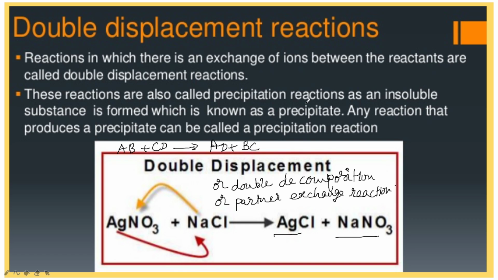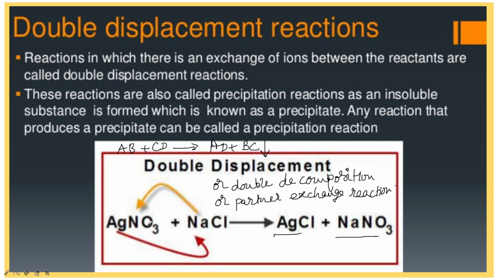Here the arrow mark shows that a precipitate is formed. If I show the arrow pointing down, it means BC is the precipitate, the insoluble substance formed during the reaction. Take the reaction of silver nitrate and sodium chloride: silver chloride and sodium nitrate are formed.